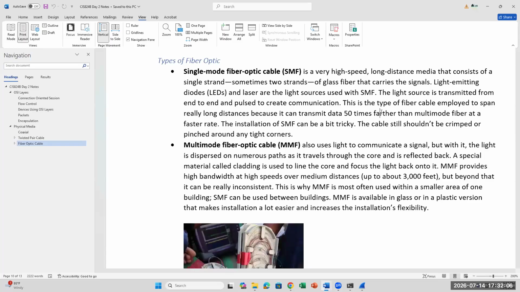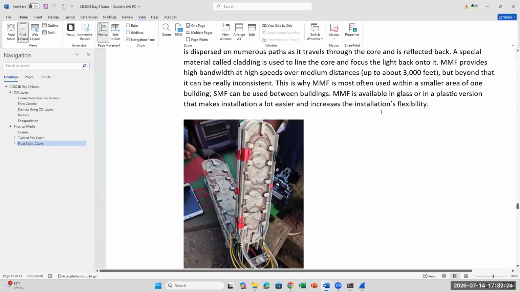Okay. If you want to use multi-mode, you can do multi-mode like I said, in tall-rise buildings, across the campuses, like at the university or downtown. It is easier to install and it looks something like this. The strands are tiny.